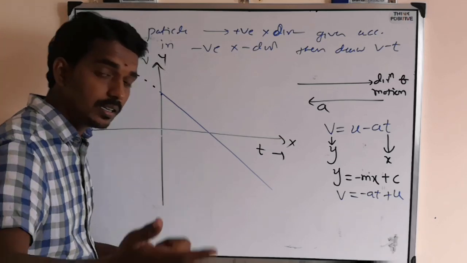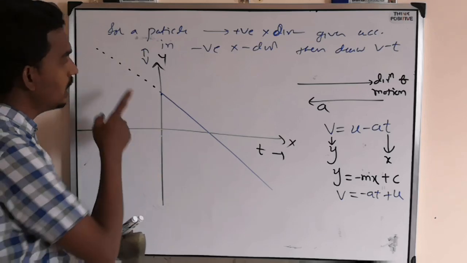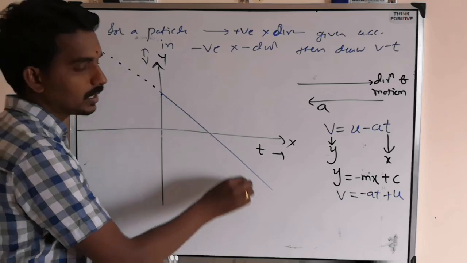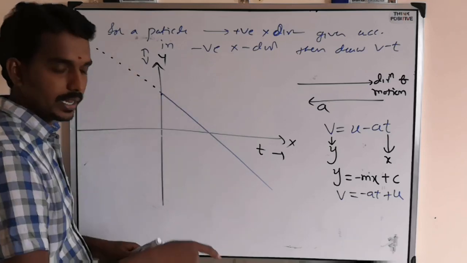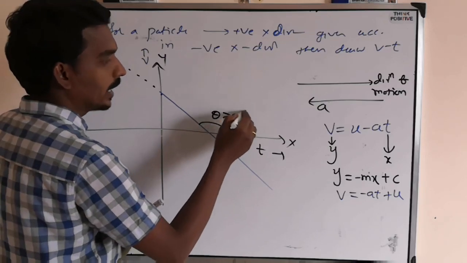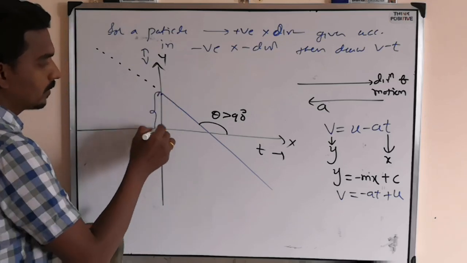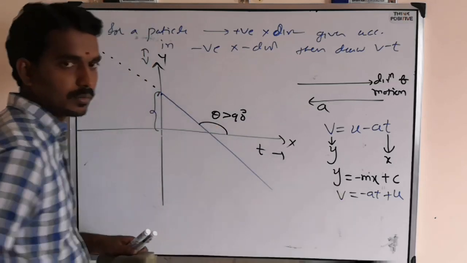If you want, you have to extend with dotted lines, not like a solid line. That means the graph exists from here. It is in the form y equal to minus mx plus c, because here the angle is greater than 90, negative slope and positive intercept, but only from here it is possible.